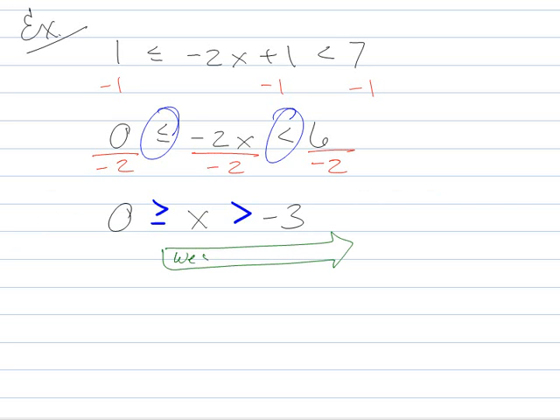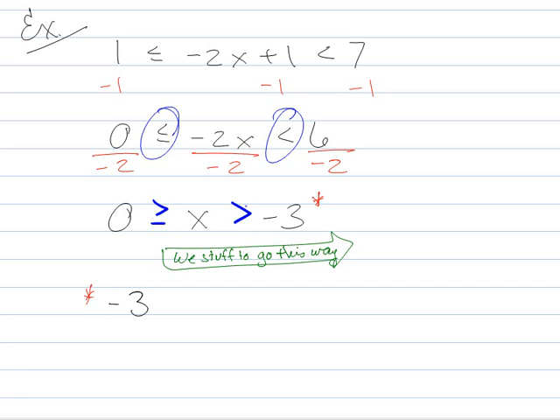When we have compound inequalities, everything always wants to go off to the right. So what we're going to do is completely flip this. We're going to start from the right, at negative 3.